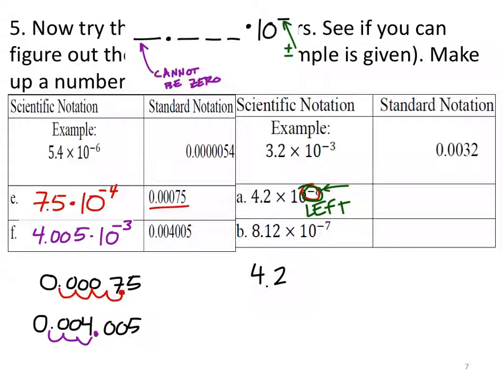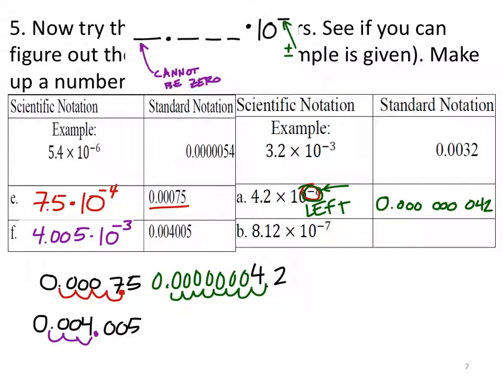Well, that exponent was an 8, so we'll move it to the left 8 times. 1, 2, 3, 4, 5, 6, 7, 8. And I didn't give myself a lot of space there, but we can still fill in zeros. 1, 2, 3, 4, 5, 6, 7. So I'm going to write it out with a 0 in there in the front, so that'd be 0. Looks like there's 7 zeros. And then we had the 4 and 2 there.